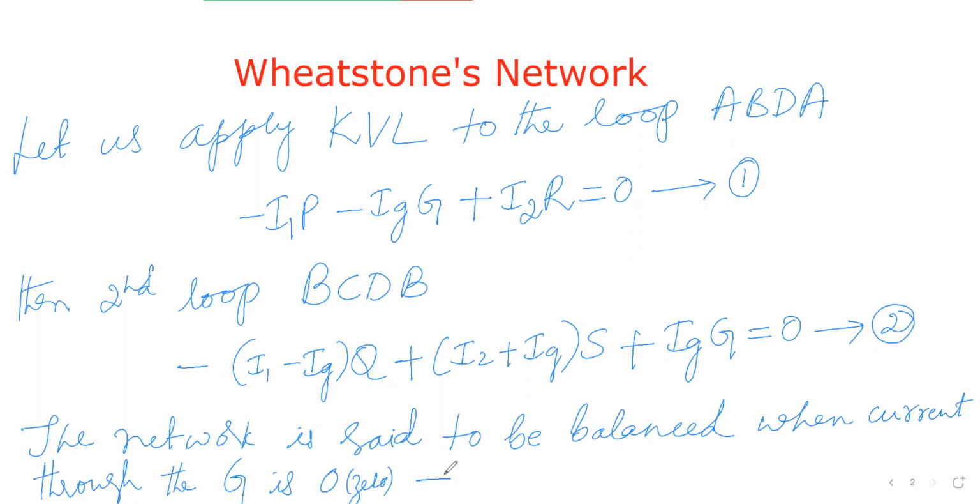Okay, so I can write it as Ig equals 0, the current through the galvanometer is 0, then we can call it the equation number 3. So here we are trying to say that the circuit is said to be balanced when the current through the galvanometer is 0.